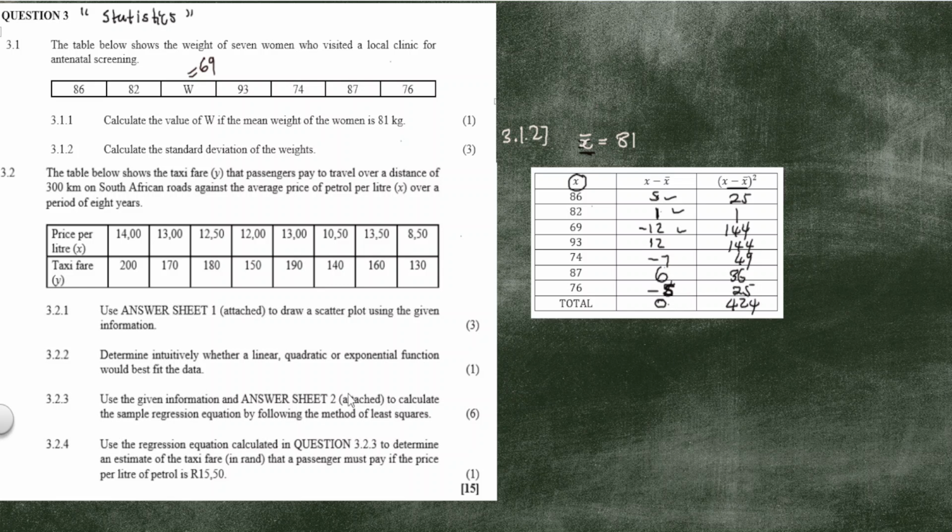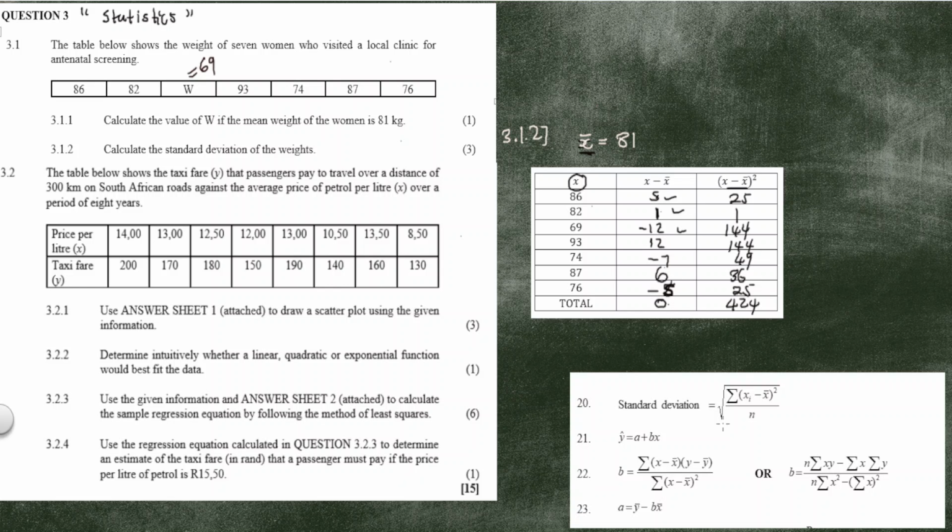Now that we have all of that filled in on the table, we also have a formula sheet. This is how we calculate any standard deviation. The standard deviation is equal to the square root of the sum of xi minus x bar squared, divided by n.